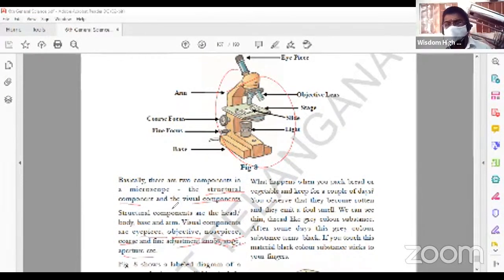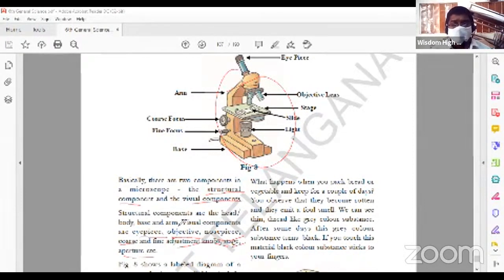When we discuss the structure of a microscope, there are two components: the structural component and the visual component. The structural component means head or body, base and arm, coming under the group of structural components.